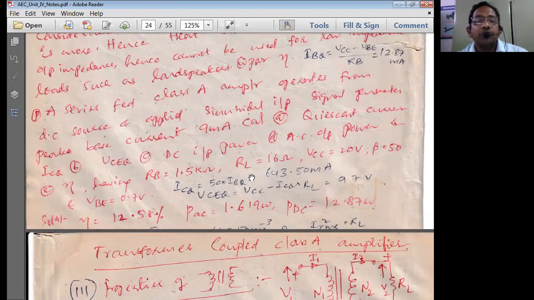Let us look into one simple problem. This is a series fed class A power amplifier operating from a DC source, and an applied sinusoidal input signal generates a peak base current of 9 milliamperes.